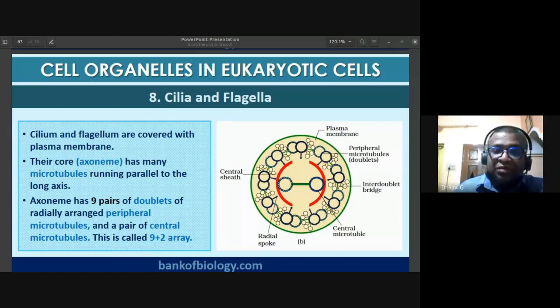This type of arrangement we call a 9 plus 2 array.